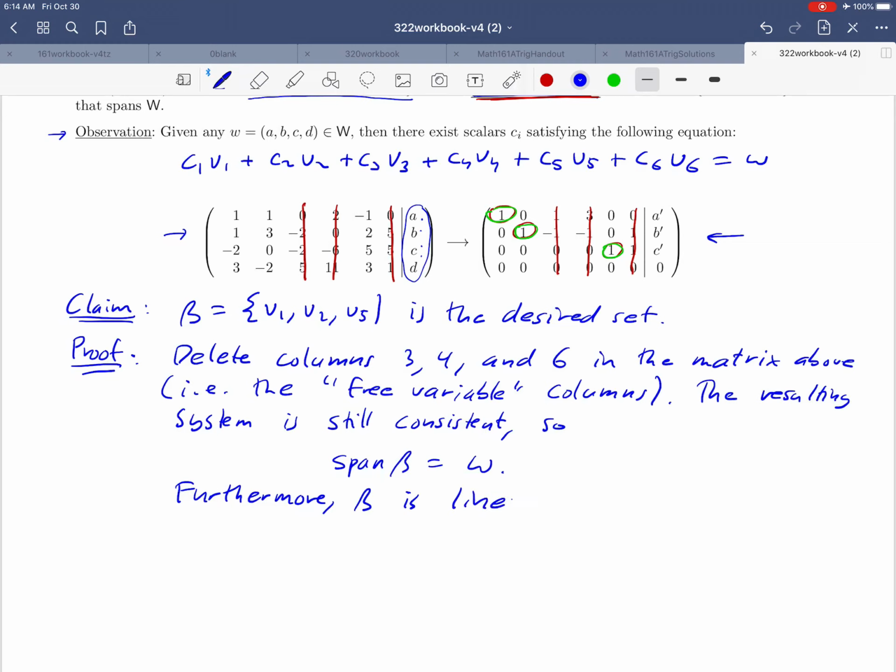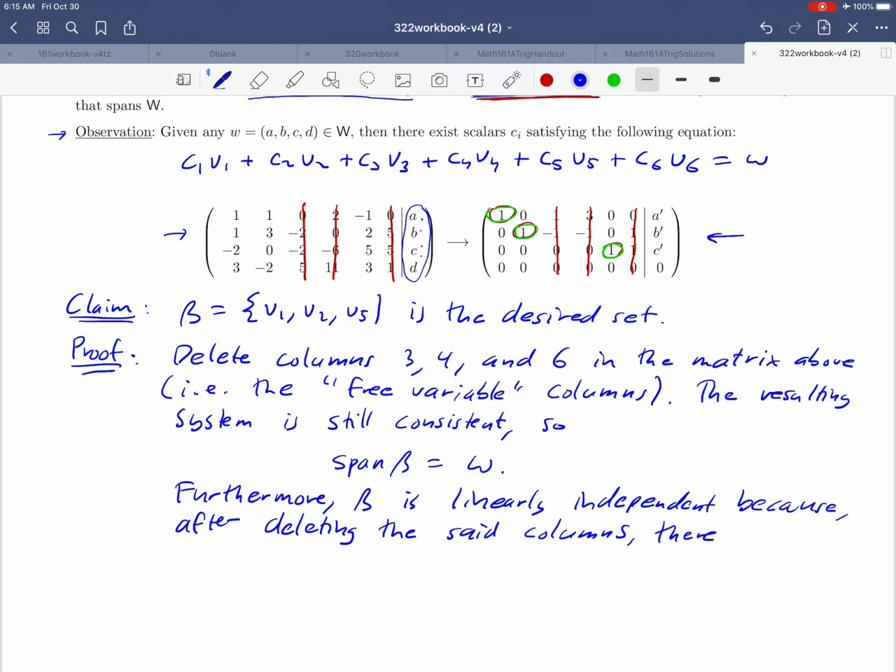Beta is linearly independent, because after deleting the said columns, there are no free variables remaining. We got rid of them.